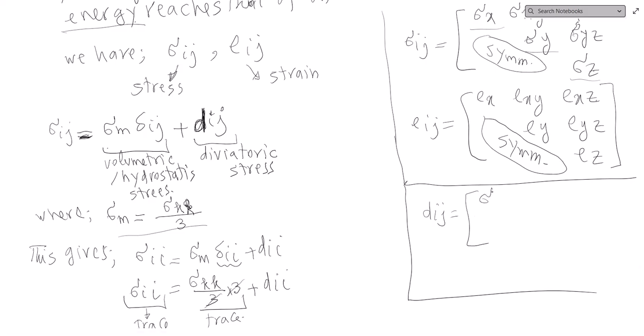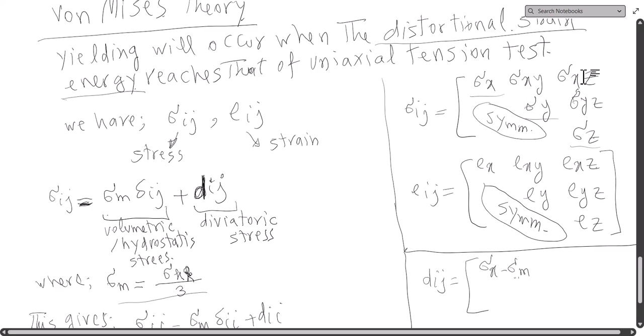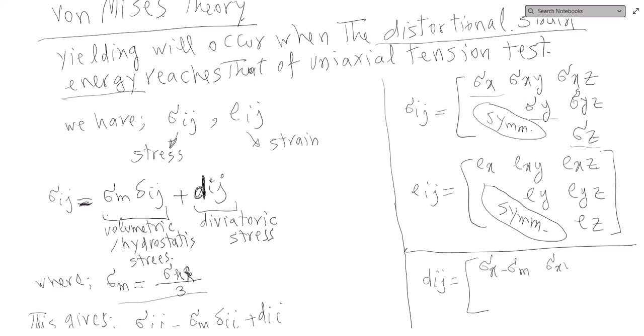Dij is sigma x minus sigma m, sigma xy, sigma xz, sigma y minus sigma m, because when you write it, delta 1 1, delta 2 2, delta 3 3 is 0, and sigma yz, and then sigma z minus sigma m, and symmetry.